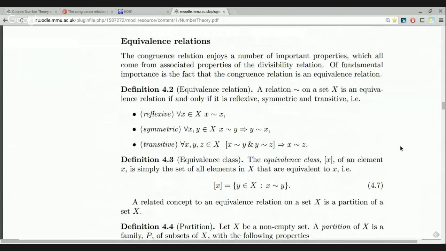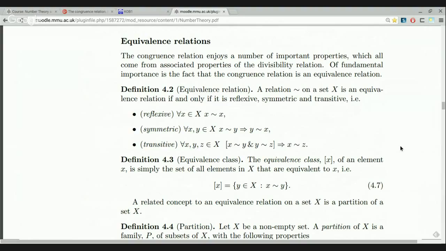So, still recapping last time, we then went on to discuss equivalence relations, because congruence is an equivalence relation. An equivalence relation is a relation which shares a lot of the same features that the equality relation has. Equality is a very fundamental relation, lying at the root of all maths and logic, saying that two things are the same.